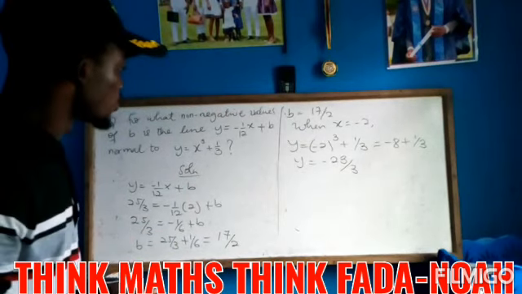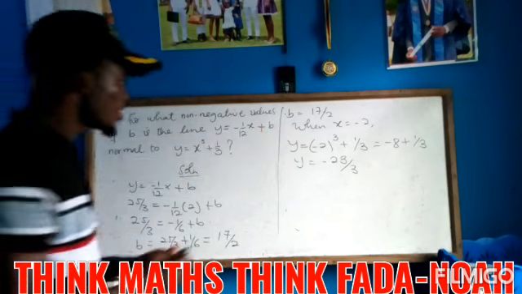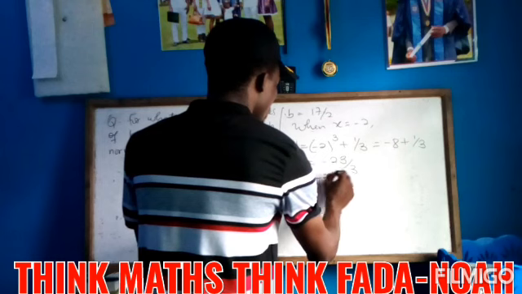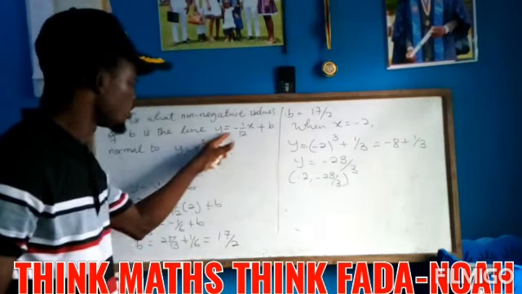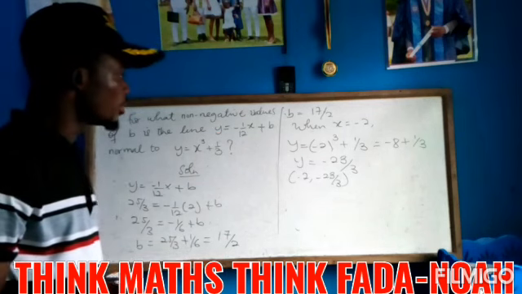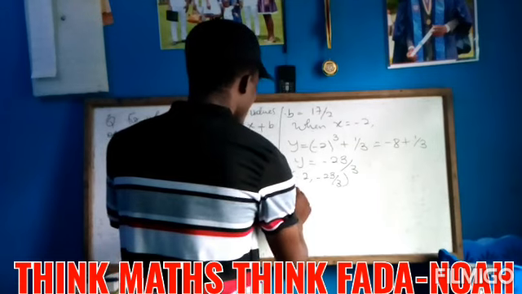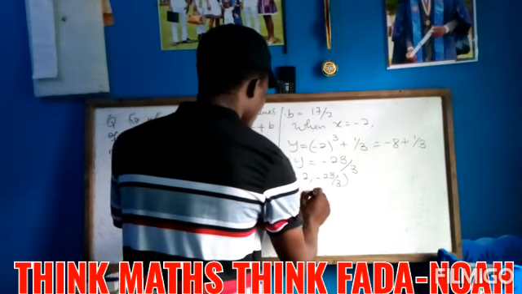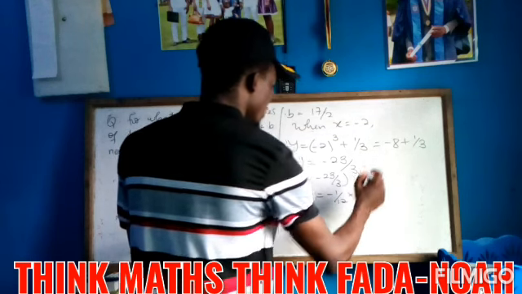Alright, so let's look at the b value. Again, we have one point, (minus 2, minus 23 on 3). So we substitute this point into the equation of the normal to find the b value. Let me write the function y equals minus 1 over 12x plus b.